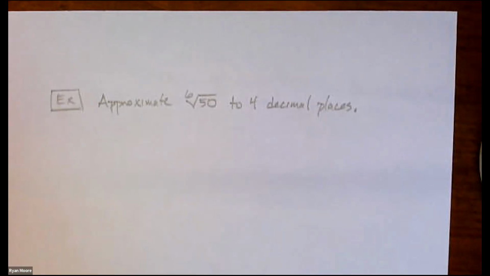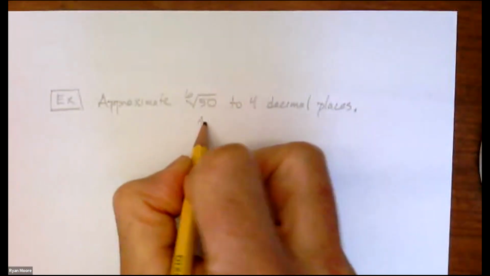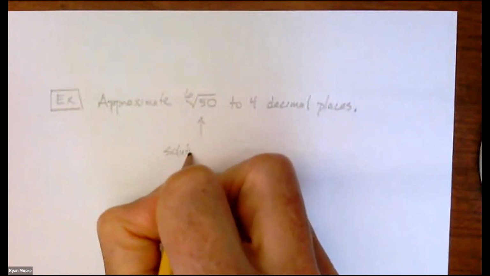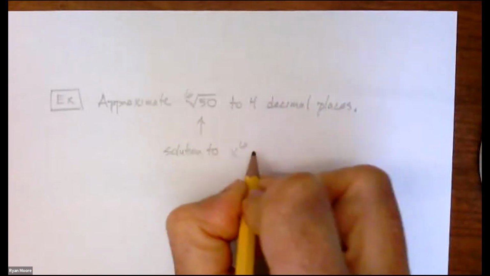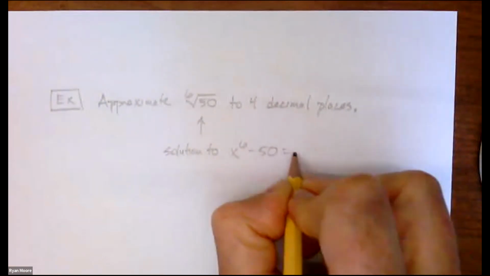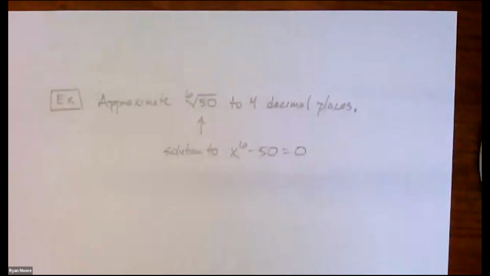We're going to think of the 6th root of 50 as being the solution to an equation. That is the solution to x to the 6th minus 50 equals 0. Right?